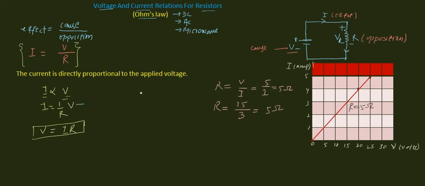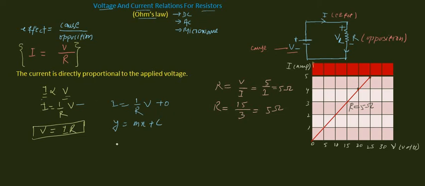Just for comparison purposes, let us compare Ohm's law, I equals 1 divided by R times V, with the very basic line equation, which is Y equals mx plus C. Here C is equal to 0. M represents the slope of this straight line.